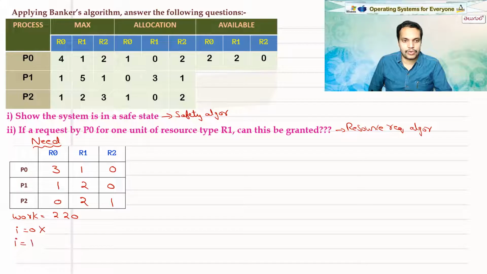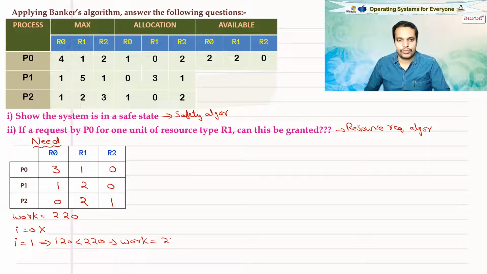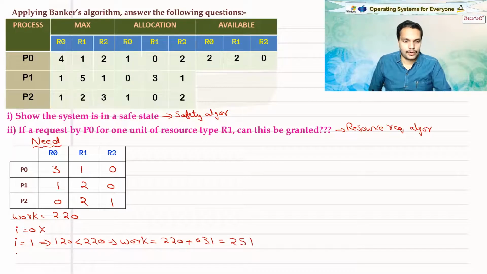Next, let me start with I is equal to 1. For I is equal to 1, 1, 2, 0 is less than 2, 2, 0. So now, which makes my work is equal to 2, 2, 0 plus 0, 3, 1. Okay, which makes it 2, 5, 1. Next, let me look at that.